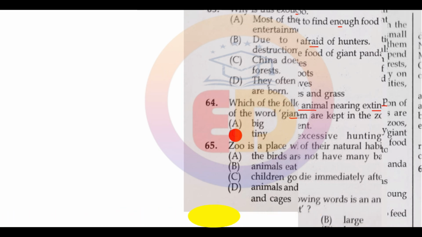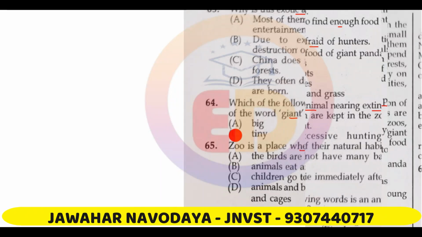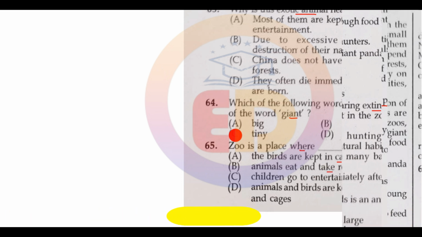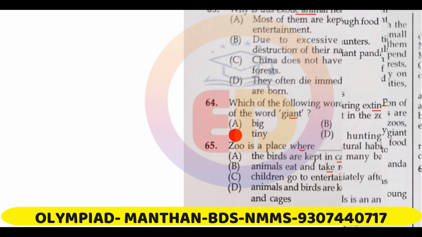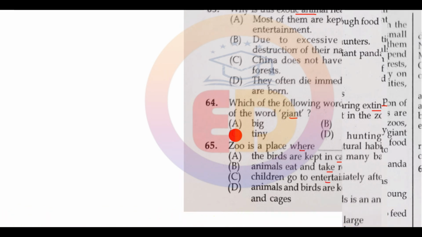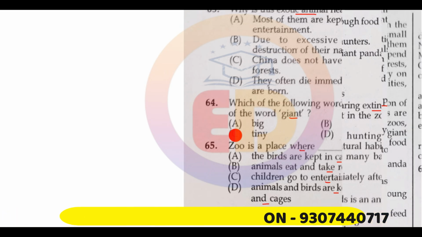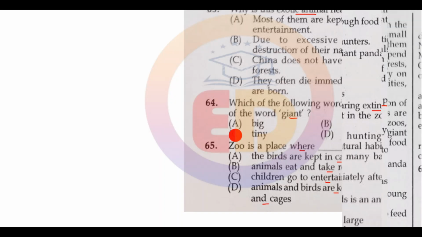Antonym will be tiny. Next, the zoo is a place where birds are kept in cages, animals eat and take rest, children go to entertain animals, animals and birds are kept in enclosures and cages. Let us go ahead and check. We have to check all four options. So basically here we have to check what kind of place a zoo is.